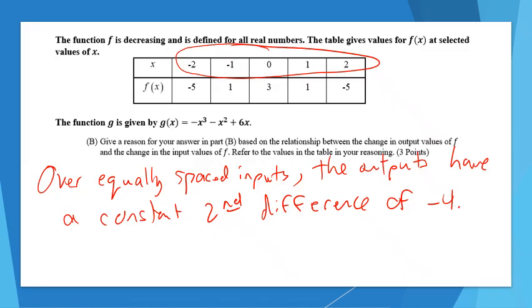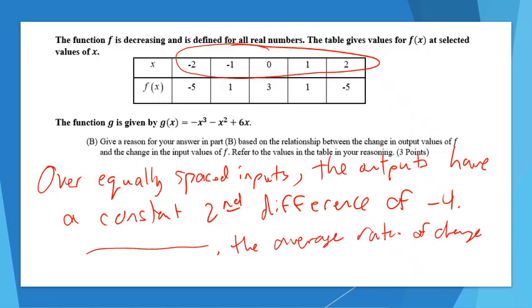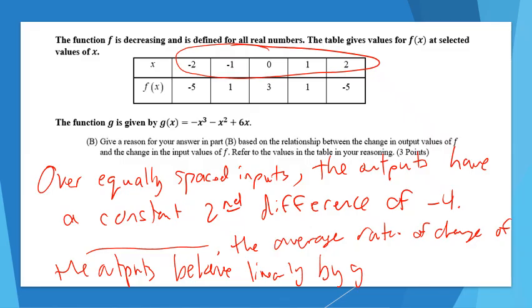You could also say over equally spaced inputs, the average rate of change of the outputs behave linearly by going down by 4. You could say that. That would also be acceptable.